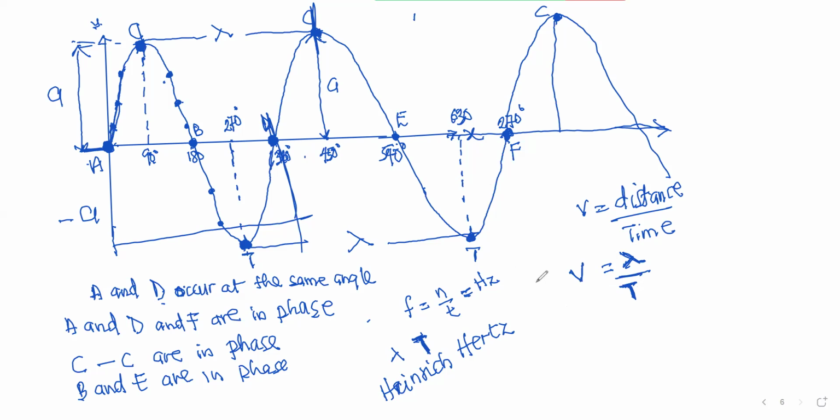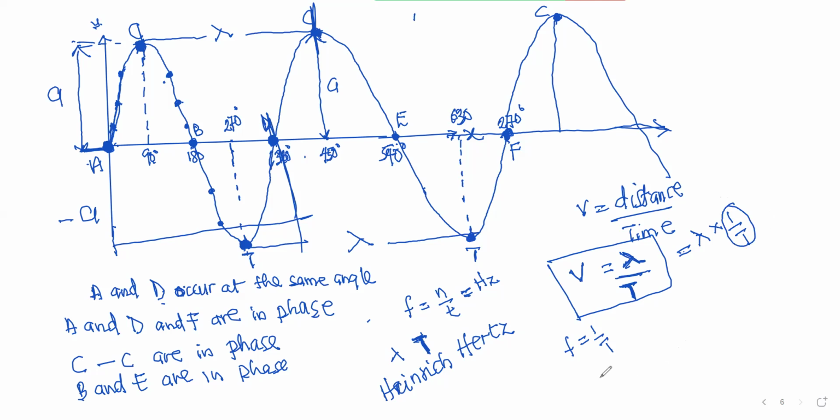Knowing that, this is one way of determining the speed of a wave: divide the wavelength by the period. Or, because F is equal to 1 over T, and V is equal to lambda times 1 over the period, it means that this is also F, isn't it?